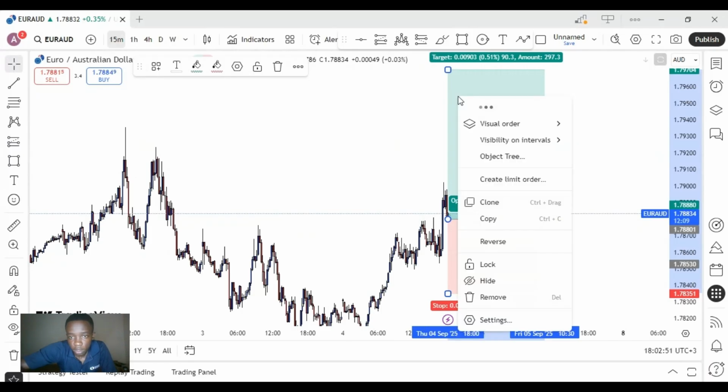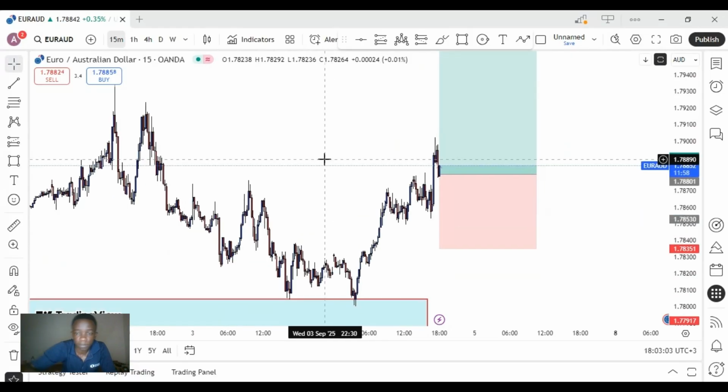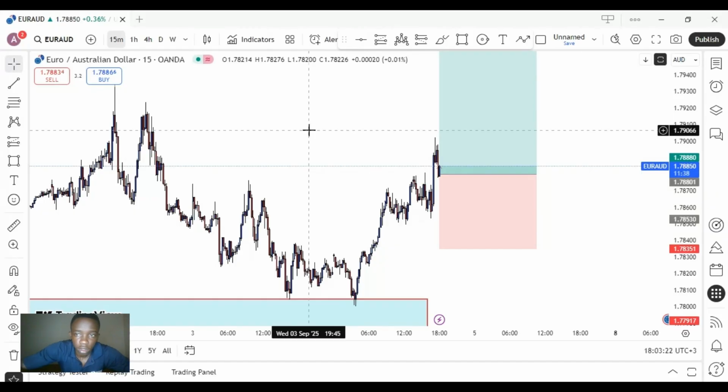So I'll be entering this trade right now. I'll open up my MT5, then I'll place my trades.